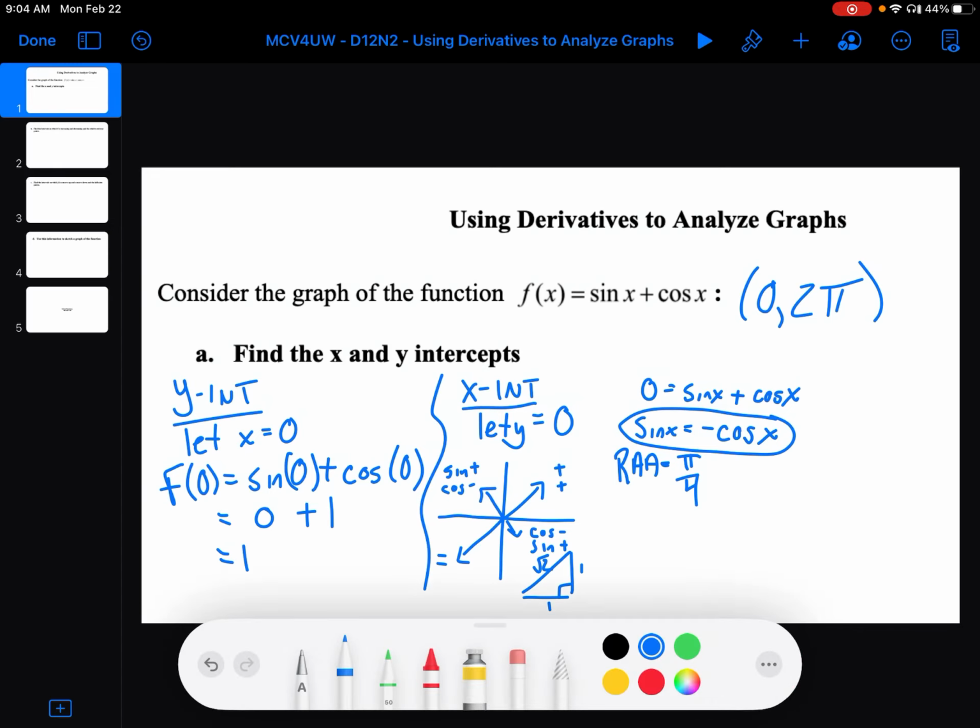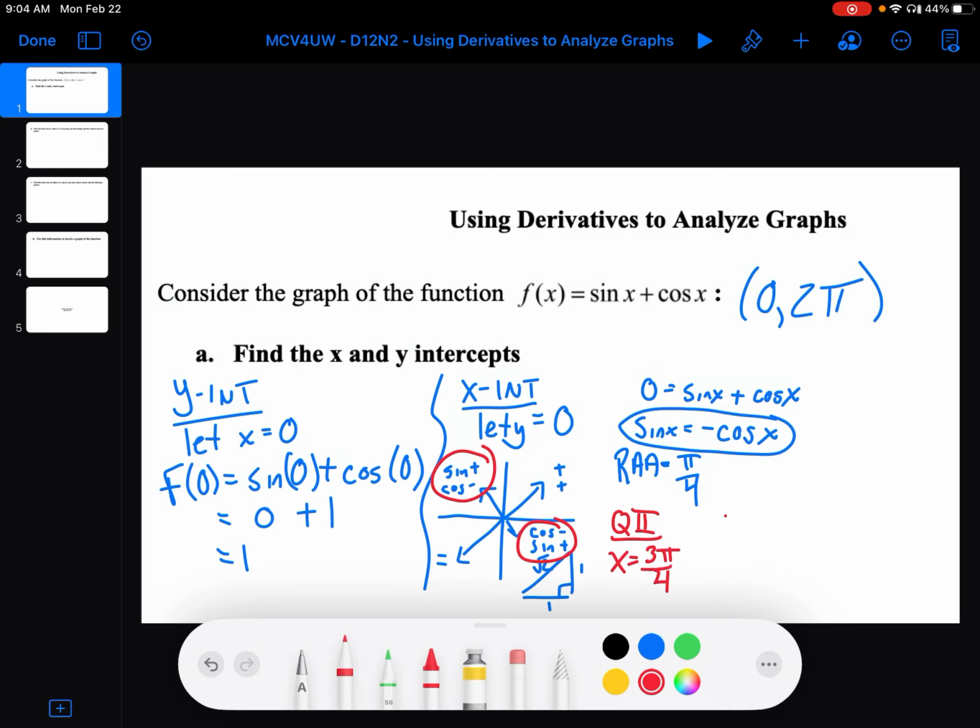So when is one positive and one negative? In that situation, we're looking at quadrant 2 and quadrant 4. So in quadrant 2, x is going to be pi minus pi by 4, so we get 3 pi by 4.